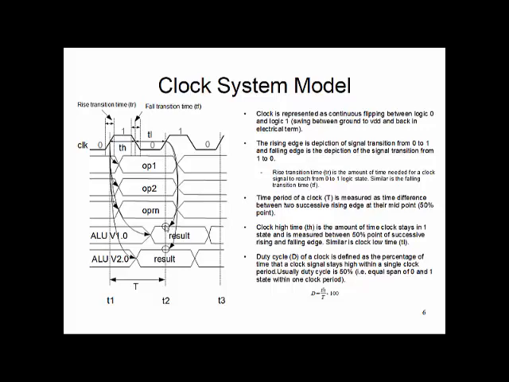So it is always saying that I change my operands at this point and I'm going to sample the result at this point, so whoever is designing and implementing the ALU better make sure the result comes before this time, because this is a fixed time, and we're talking about 1 clock period.